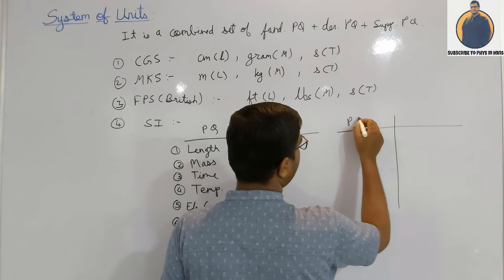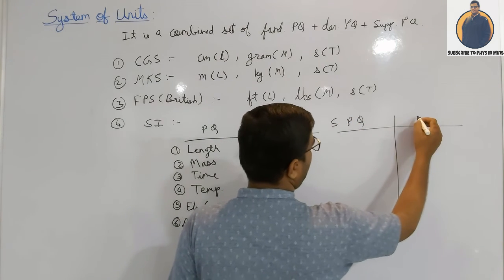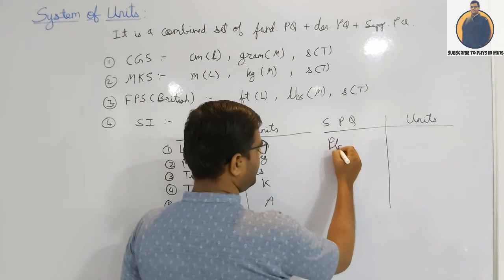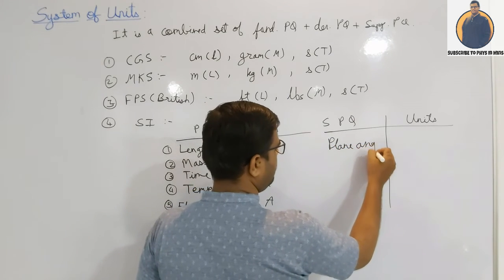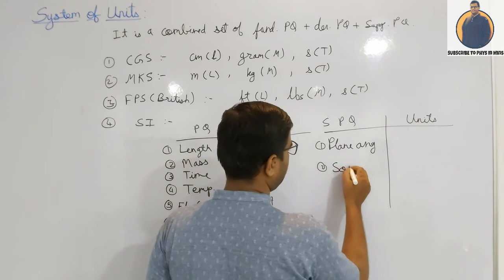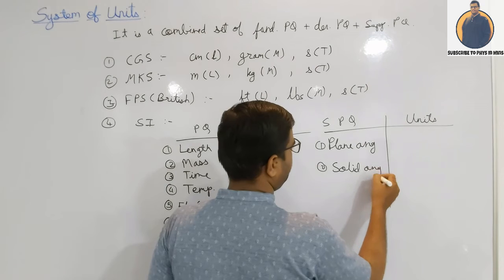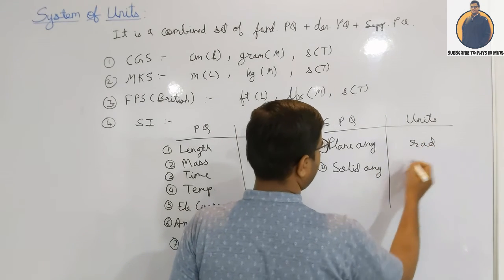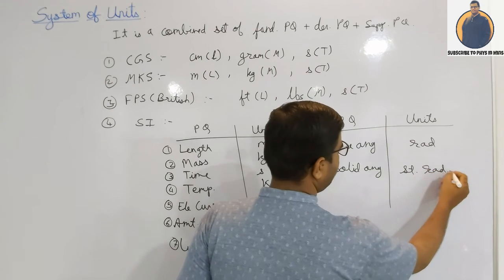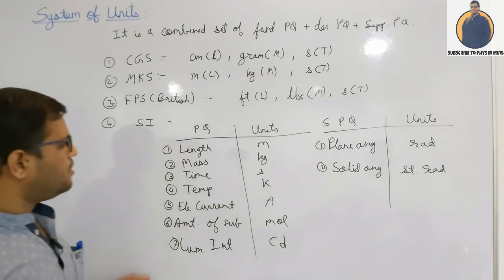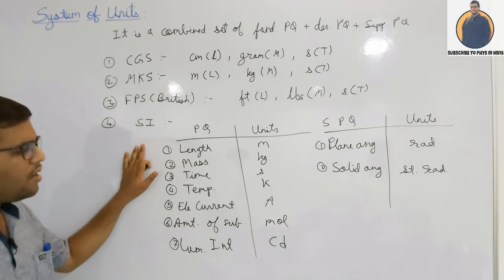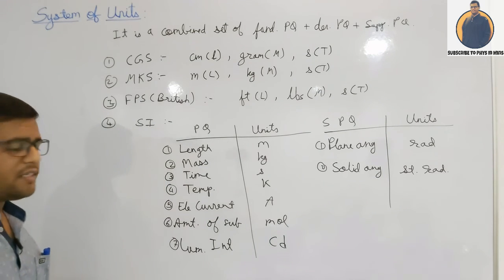These supplementary physical quantities and their units are plane angle and solid angle. Plane angle is measured in radian, while solid angle is measured in steradian. So these are the fundamental units which are used in the SI system, and these are the supplementary units.